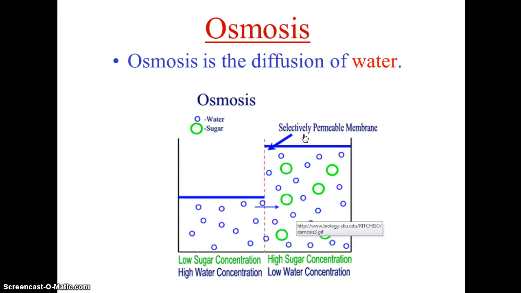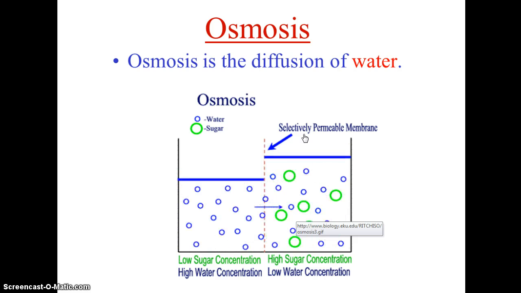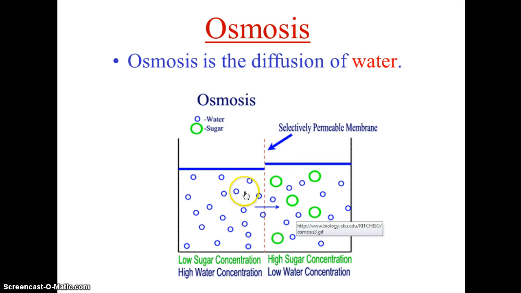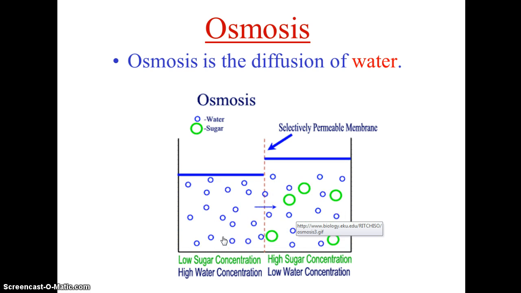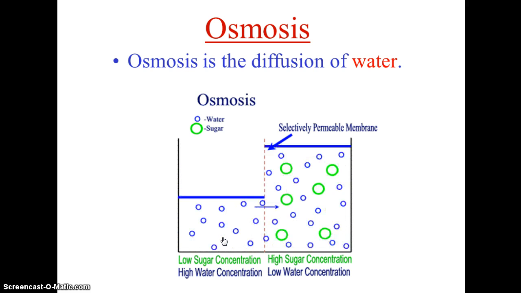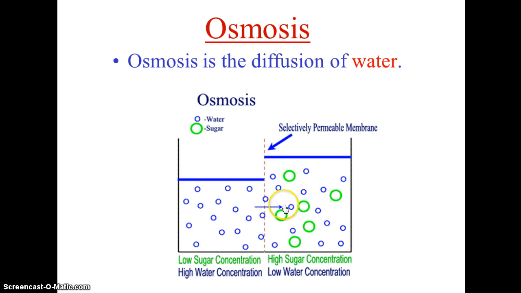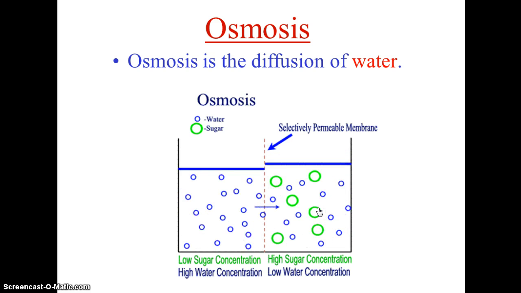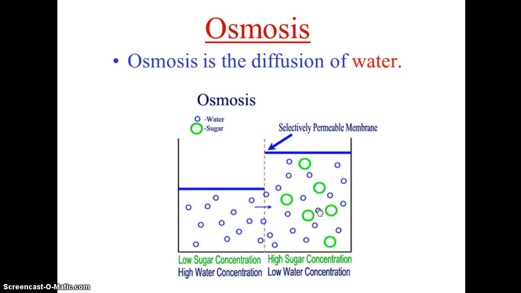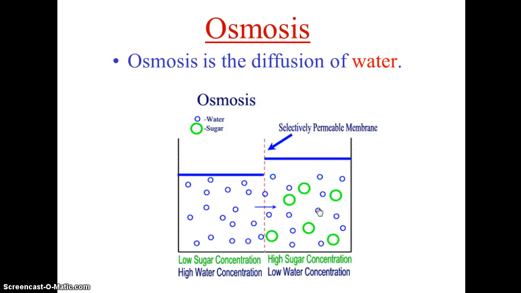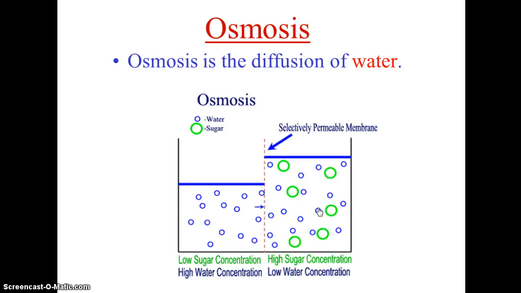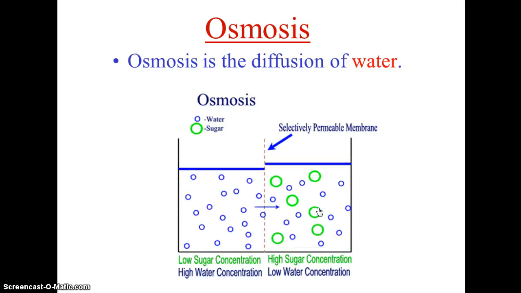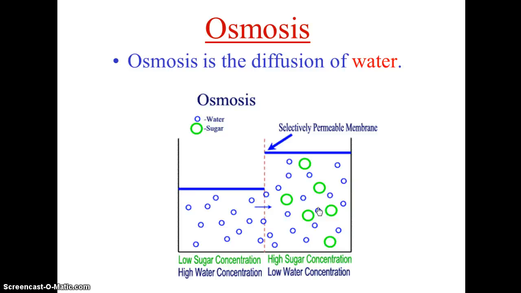The sugar molecules are too big to pass. So what happens is that you start with a high concentration of water molecules on the left side, and through diffusion, those water molecules are going to pass over to the right side of the container so that an equilibrium is reached. So osmosis is diffusion, but it's a special type of diffusion, a diffusion only of water.